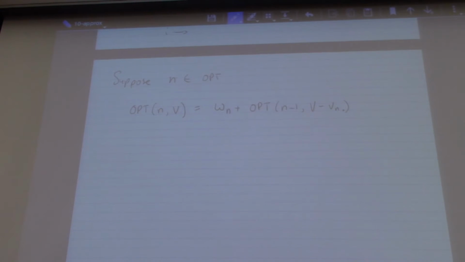Then you look at the best solution you get from the previous n minus 1 items with the value of v minus v_n, because you want to get a target value v, and you add that weight to this, right?